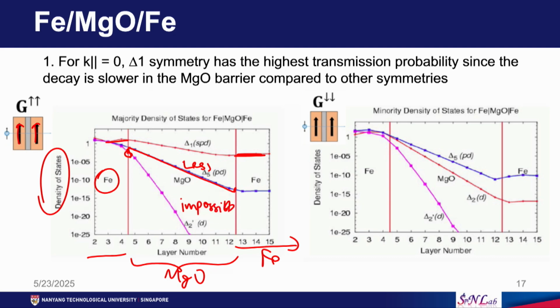Okay. So he calculates the density of states for various configurations. So here is the majority electron, this is for minority electrons to go through the parallel state. So all these things he looks at, and he says that for this particular delta 1 band, the band matching is very good. So the electron tunneling probability is very high.